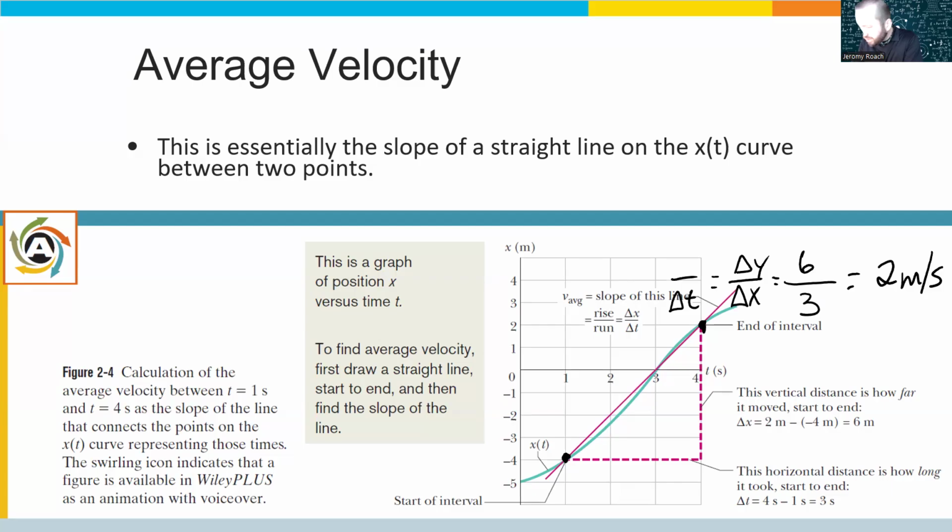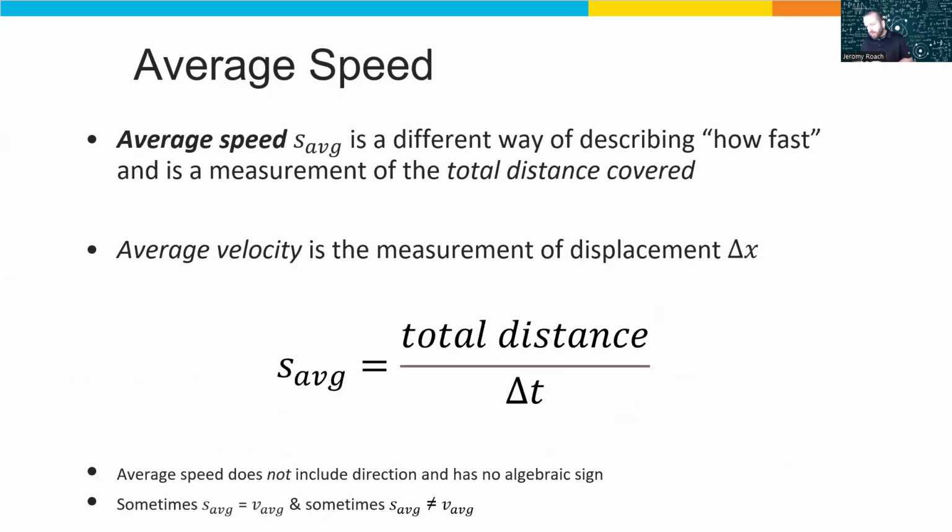So we could write that change in x, or we can write change in d for displacement if we wanted to, just to not get confused with our original slope equation. The average speed has to do with the total distance covered divided by time.